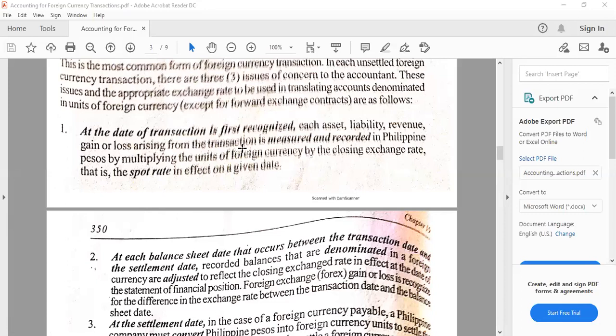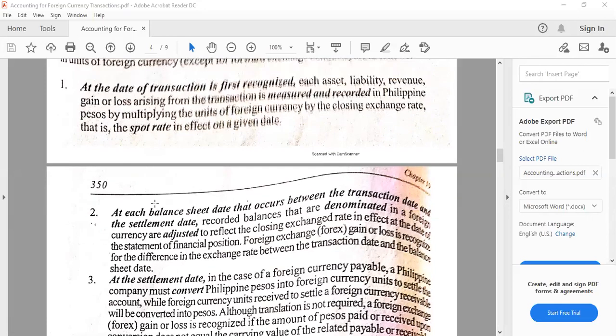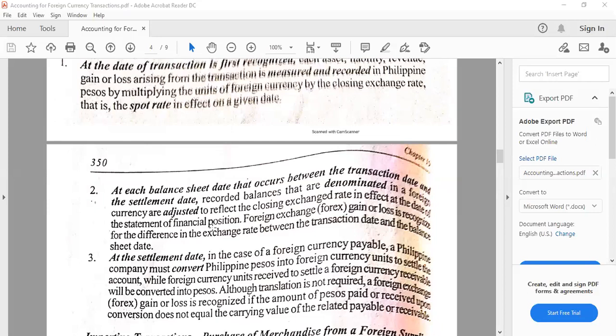Then number two is the balance sheet date, which is now known as reporting date. So I may use the two terms interchangeably as we discuss. This is the date that happens between the transaction or contract date and the settlement date, which can be collection date or payment date. And I may use the terms interchangeably also.